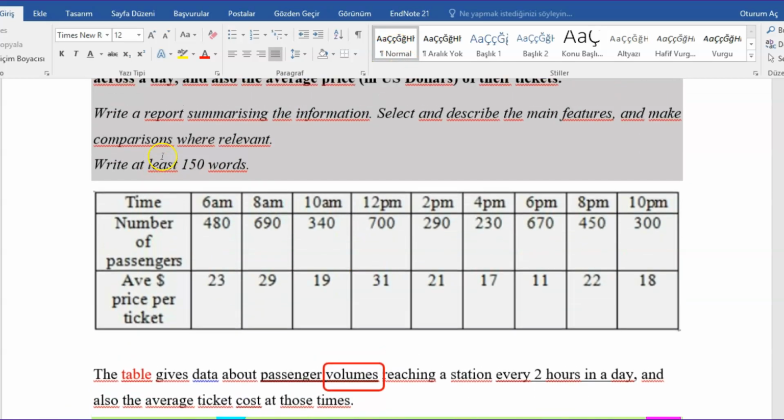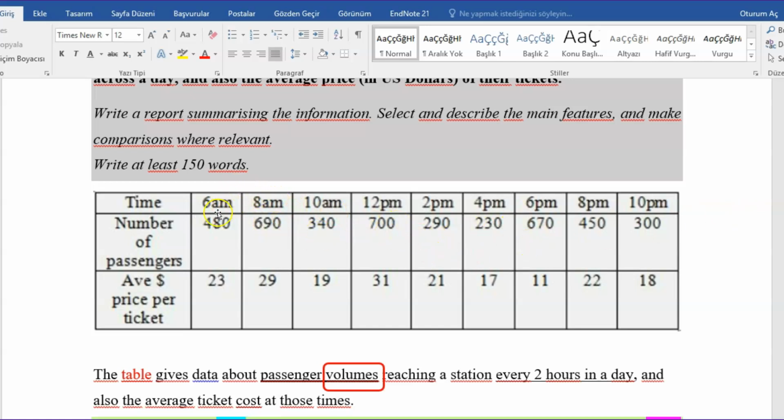Here in this chart we have on one axis the number of passengers and the average price in dollars per ticket, and on the other axis we see time.